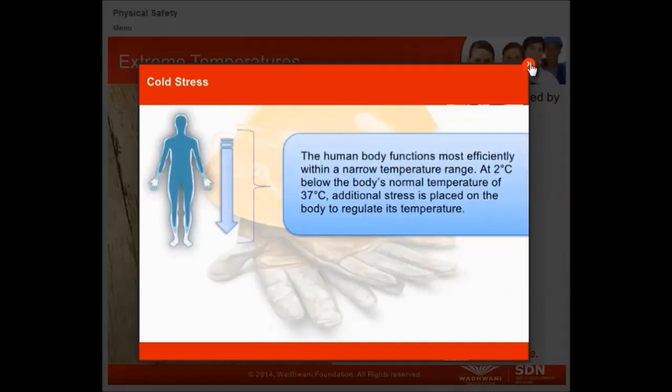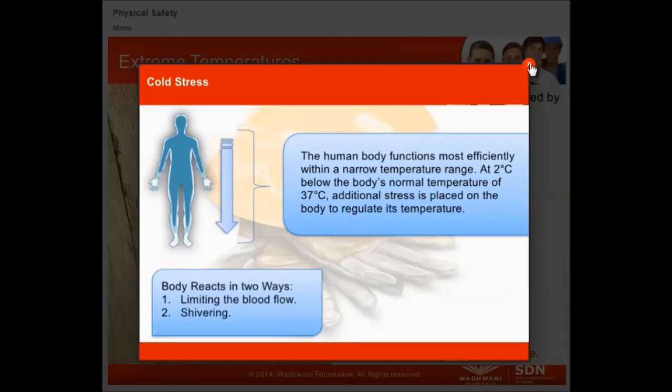The human body functions most efficiently within a narrow temperature range. At 2 degrees Celsius below the body's normal temperature of 37 degrees Celsius, additional stress is placed on the body to regulate its temperature. The body reacts in two ways: limiting blood flow.